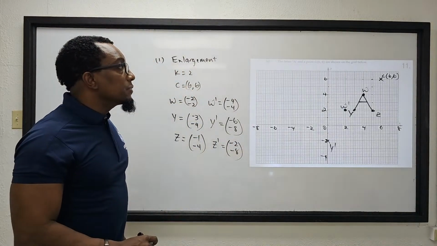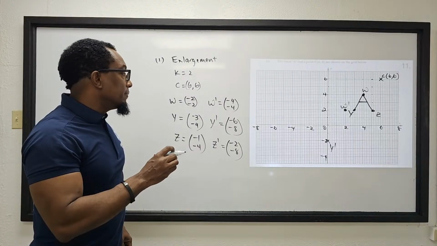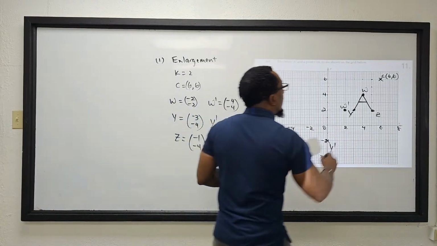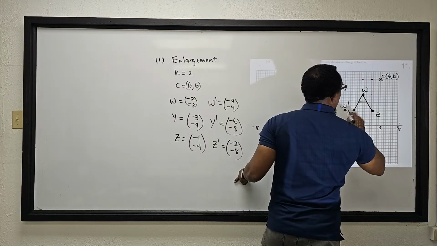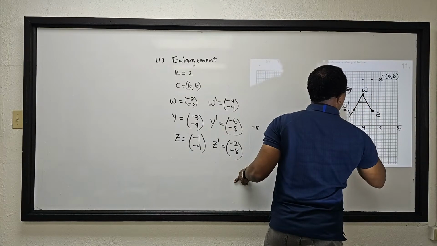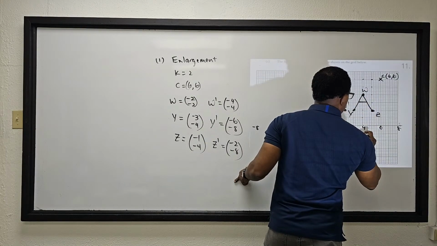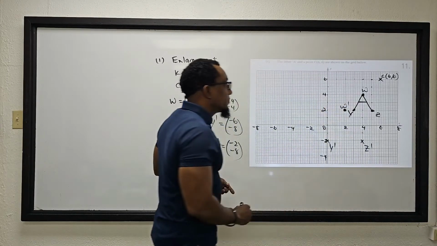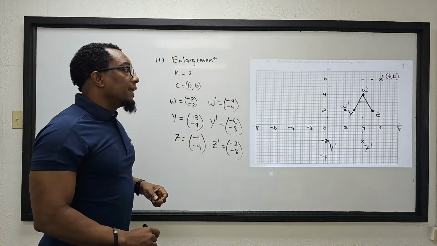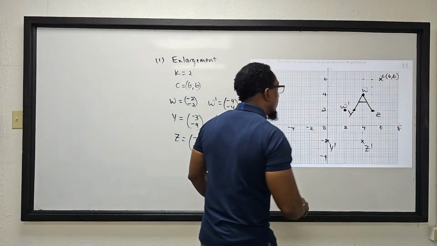So let me start from C and I'm going to move 2 to the left and 8 downwards. This will be 1, 2 to the left, and 1, 2, 3, 4, 5, 6, 7, 8. So that's Z prime. So when I connect, this is what we're going to get.